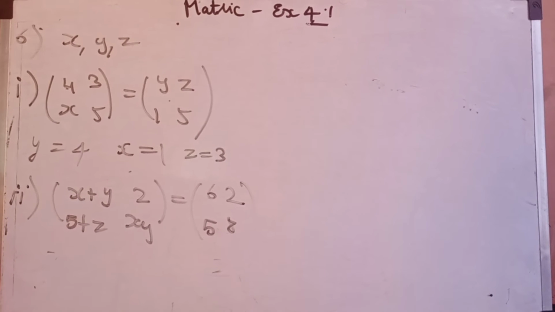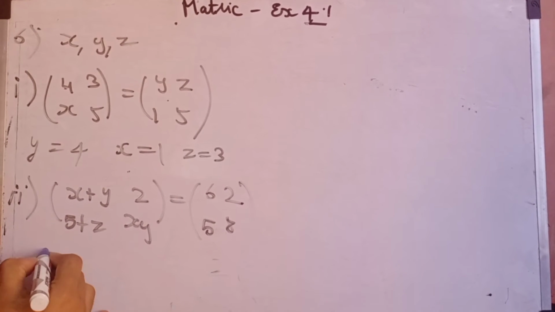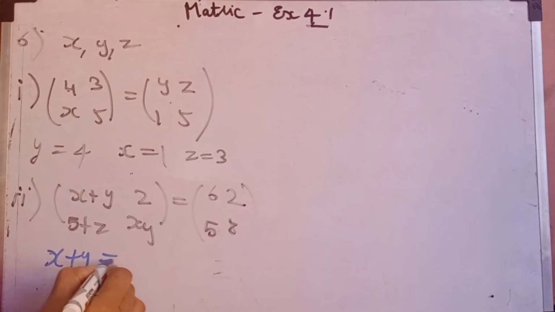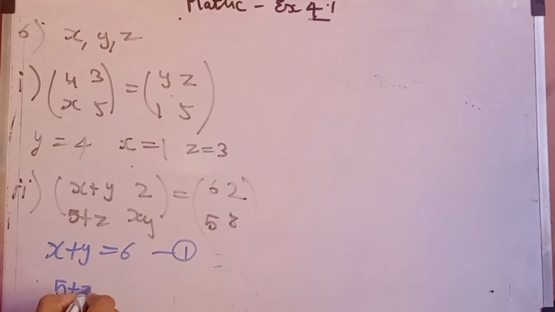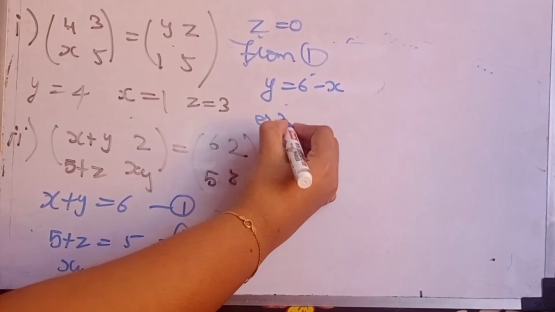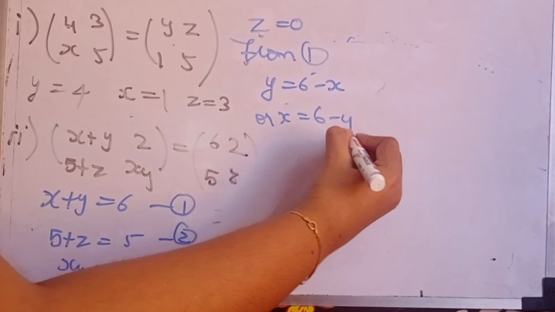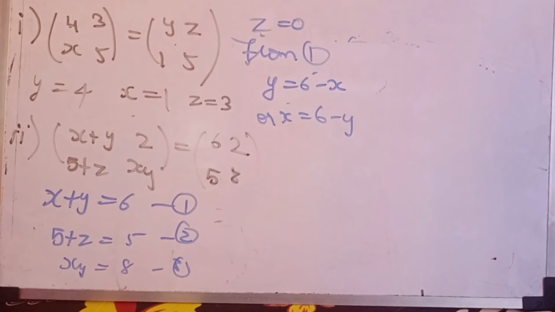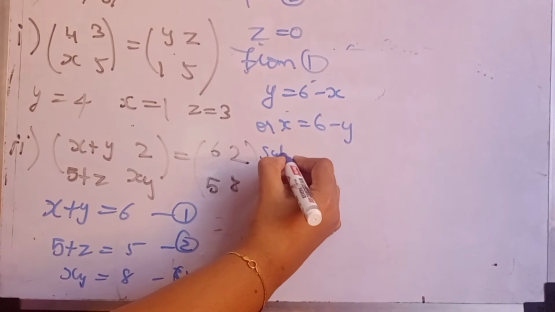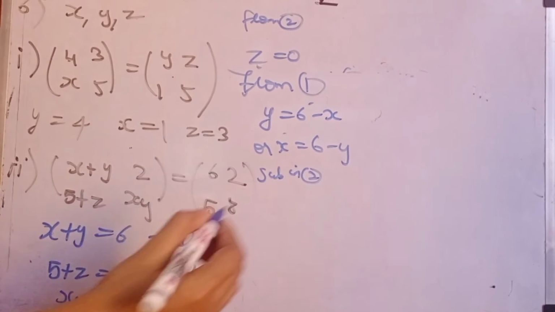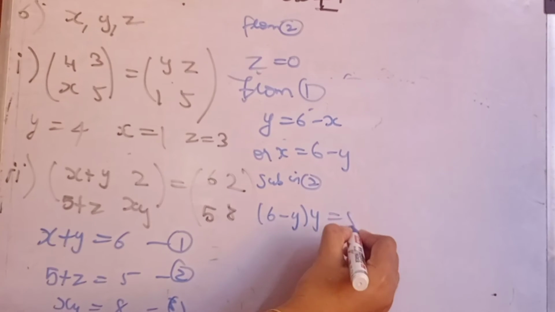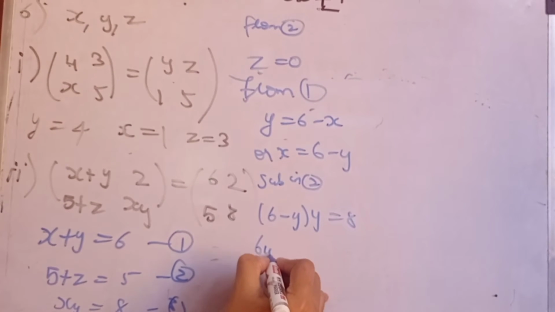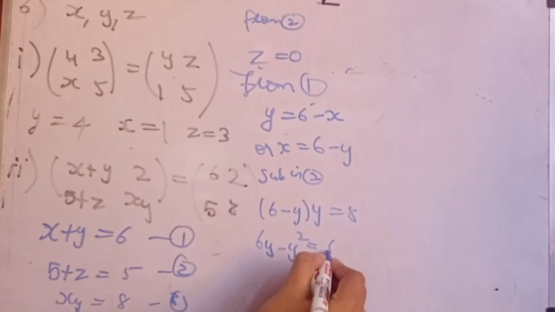Okay. If you compare it, what you will get? x plus y is equal to 6. So first equation. 5 plus z is equal to 5. Or you can write x is equal to 6 minus y. So substitute this in 2. What you will get? 6 minus y into y is equal to 8. So 6y minus y square is equal to 8.